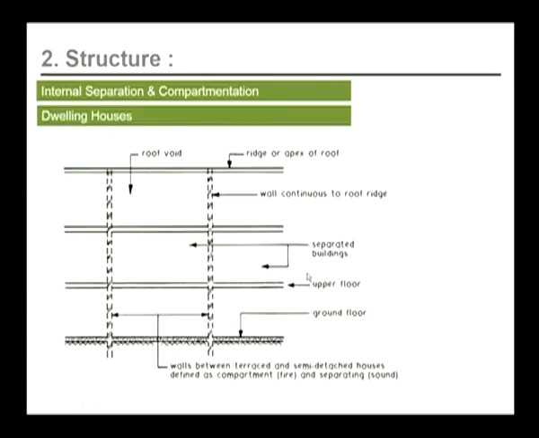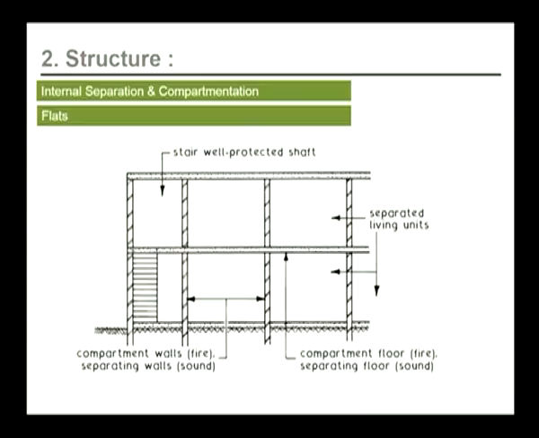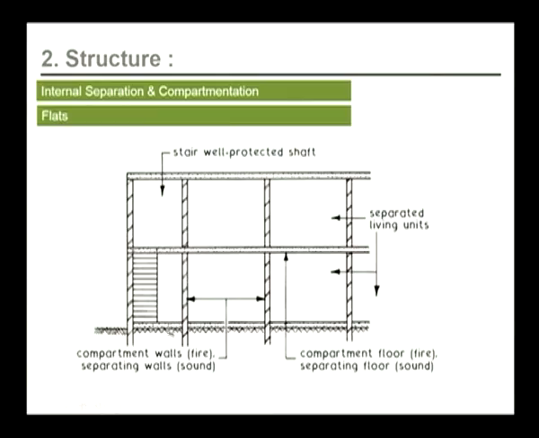There is another part of compartmentation in which we make compartments based on a collection of these functional spaces. For example, flats. What we do in flats is segregate a collection of these dwelling units. Each flat is a combination of dwelling units. Like here we see, we have a staircase.